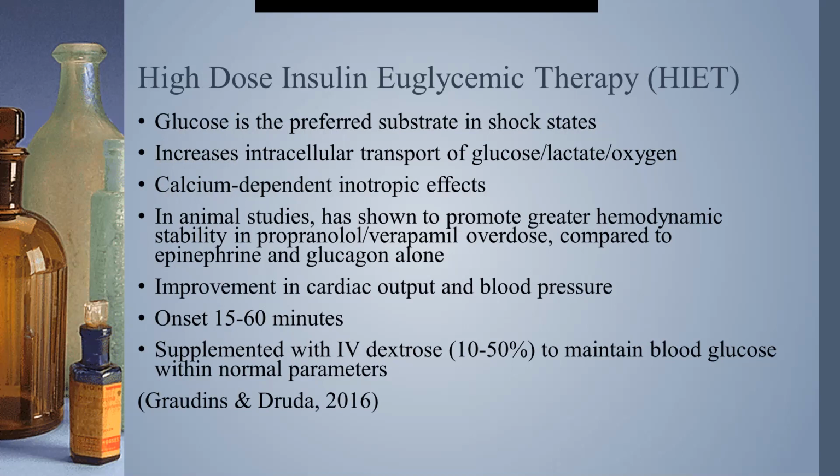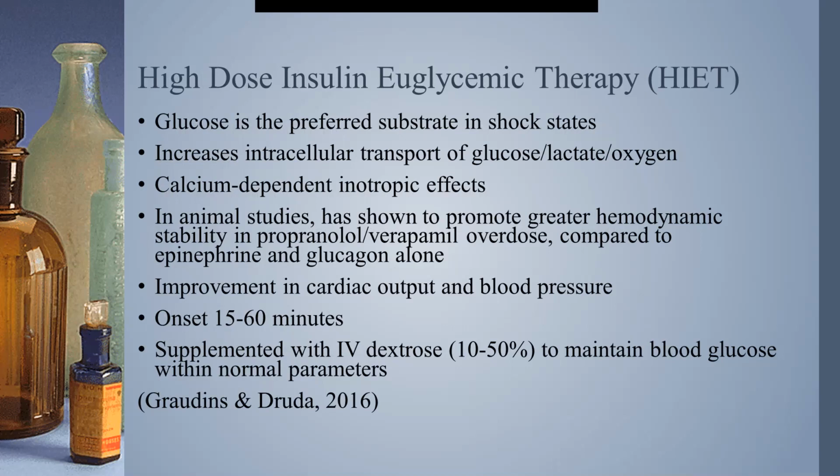Insulin has a calcium-dependent inotropic effect, and in some animal studies has been shown to promote greater hemodynamic stability in propranolol and verapamil overdose compared to adrenaline and glucagon alone.